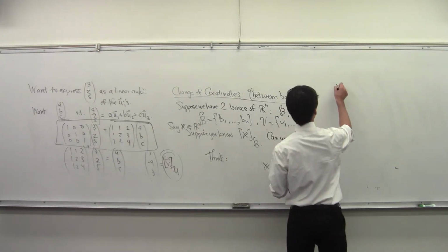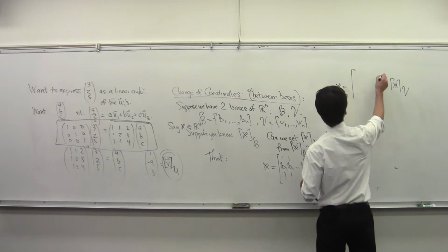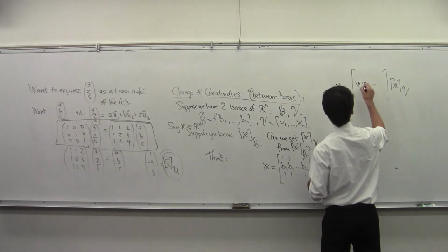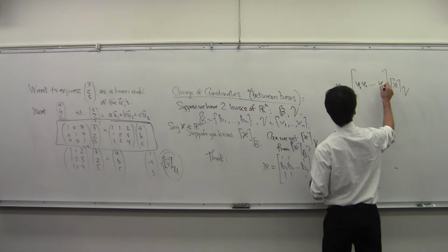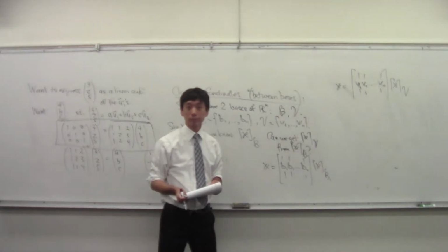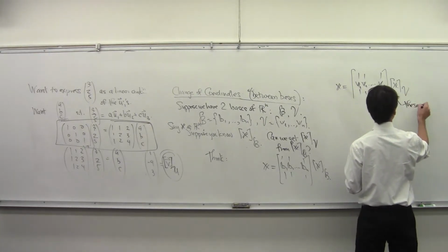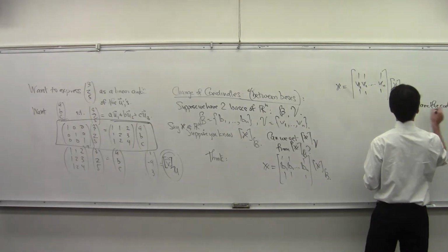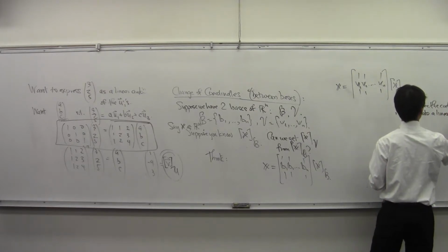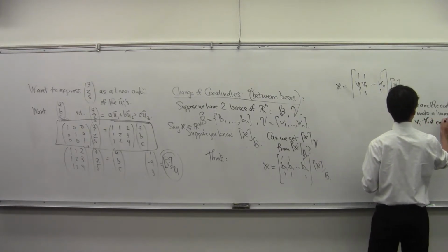But X is also the coordinate vector with respect to V times this matrix, because these are the coefficients needed to make a linear combination of the Vi that equals X.